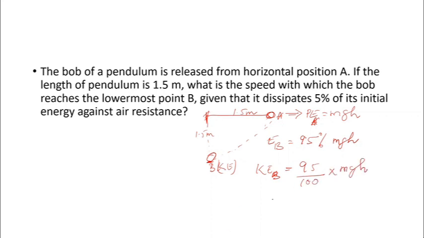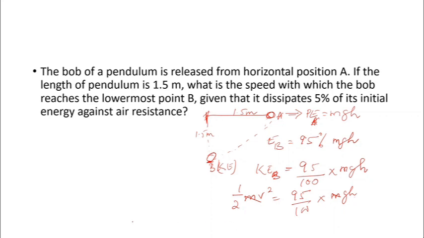To solve this, we write half mv square, because mass is not given in the question. Half mv square is equal to 95 by 100 into mgh. So we know m is a common factor, it cancels. Now by giving g's value and h value, we will find the value of v square.